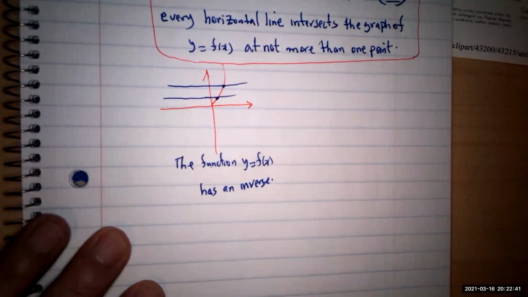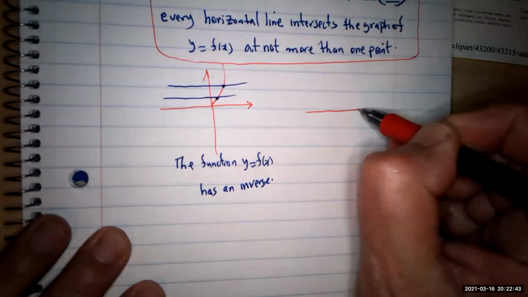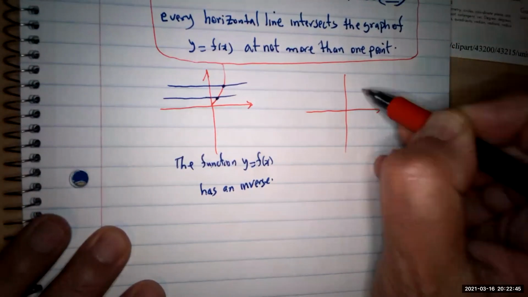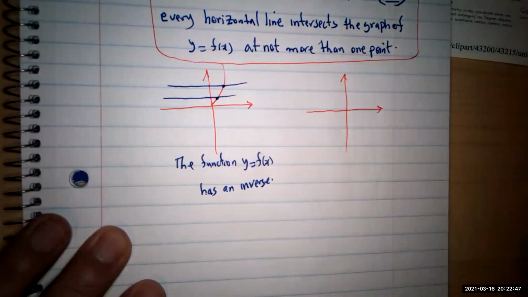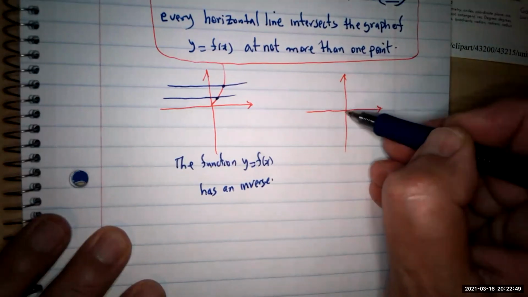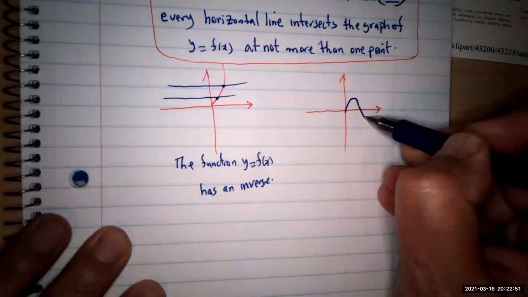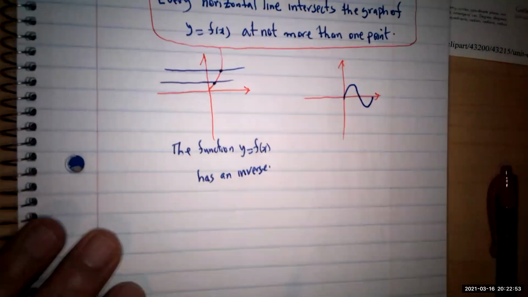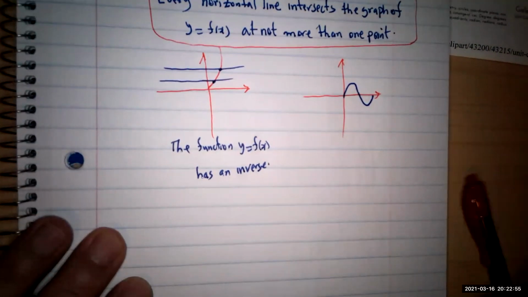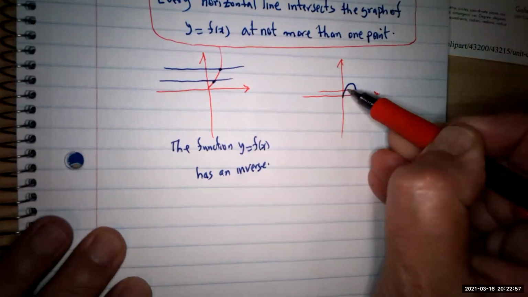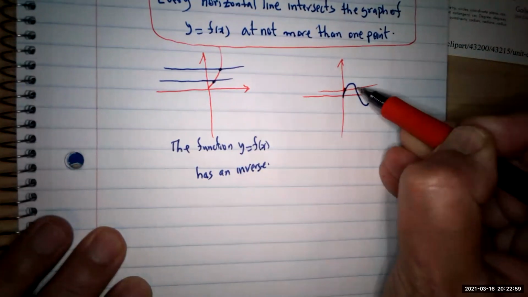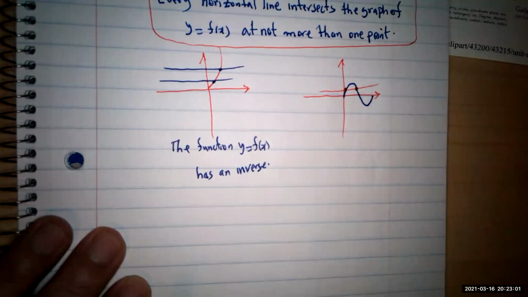But you know this function. Look at this function. If we draw a horizontal line, it would intersect the graph at 2 points.